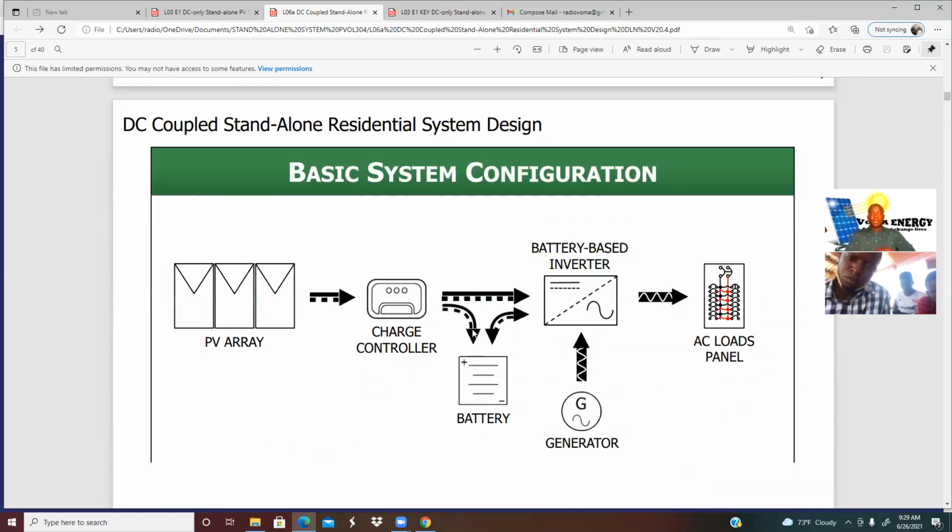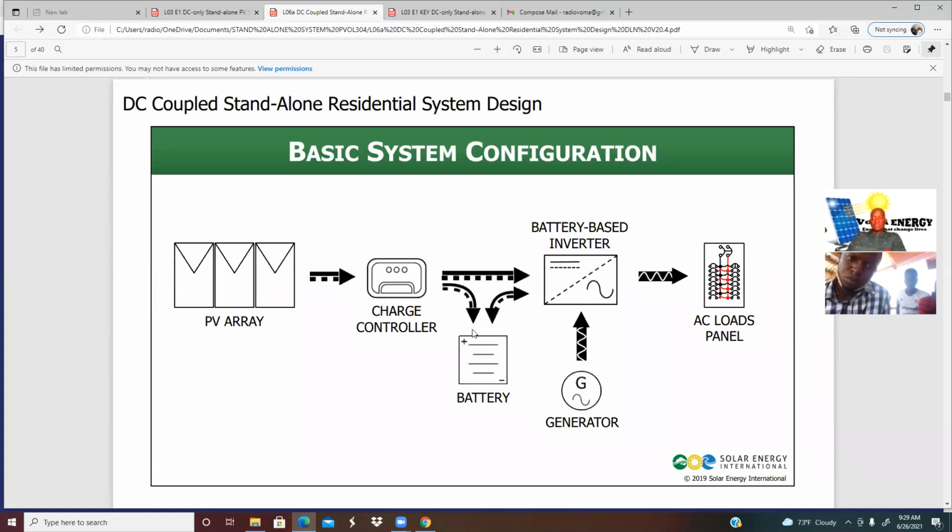Right here, the basic system design. You see that? Can you see the graph? I need you guys to be interactive. So can you see the screen?